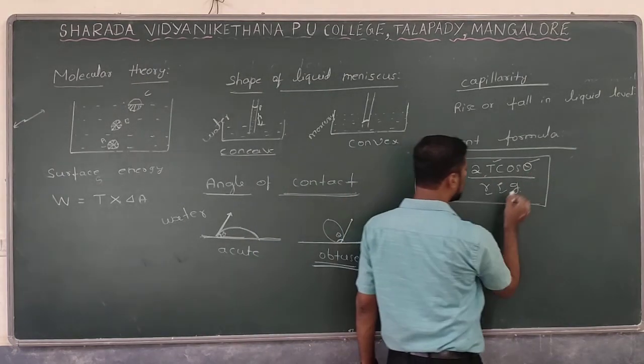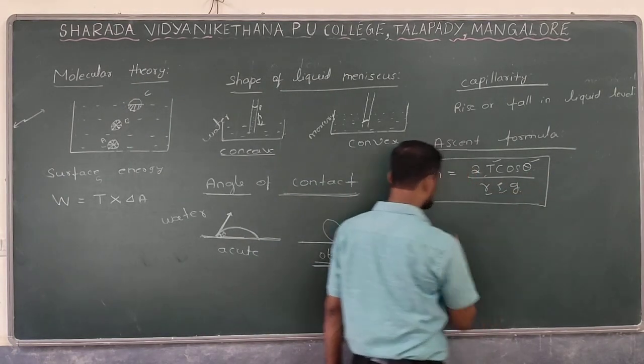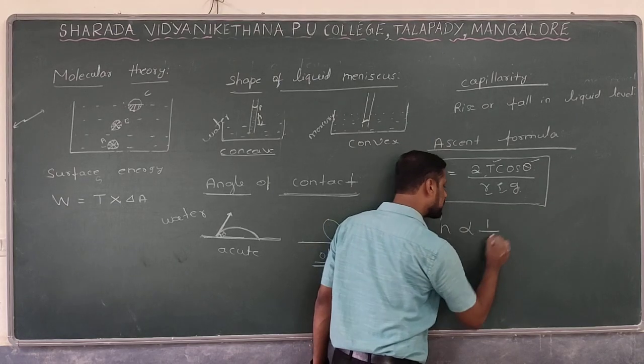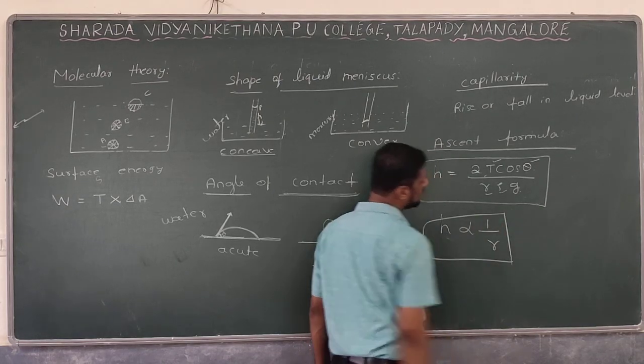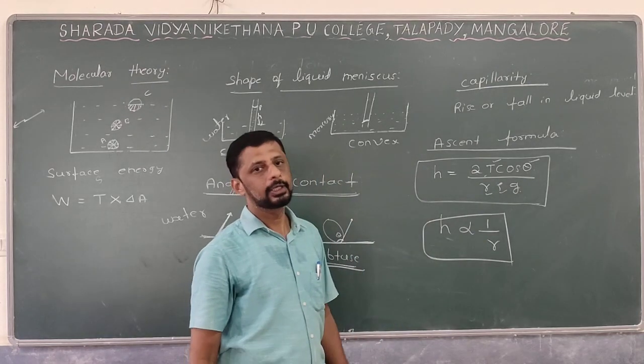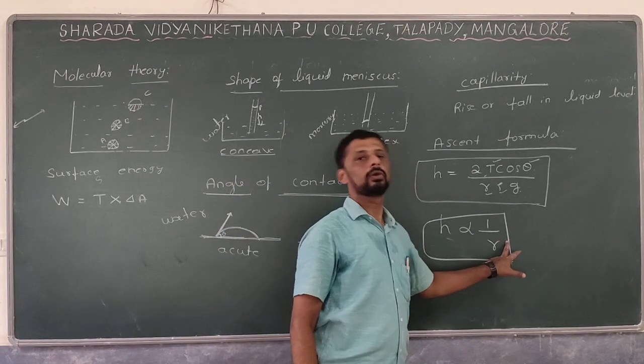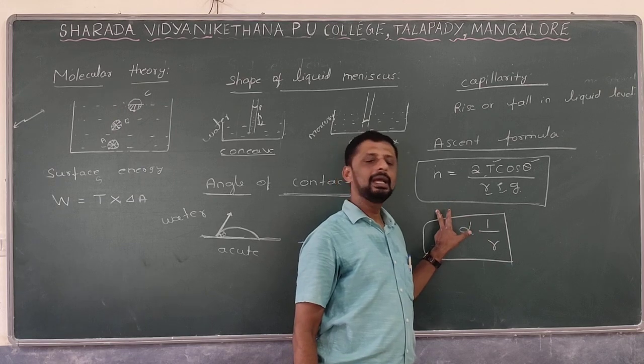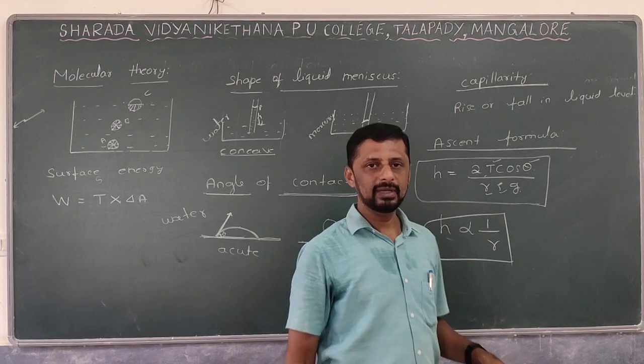Here T, theta, rho and g are all constants. That means h is inversely proportional to r. Height attained by the level of liquid is inversely proportional to the radius of the tube. If the radius of the tube is more, height attained by the liquid level will be less.